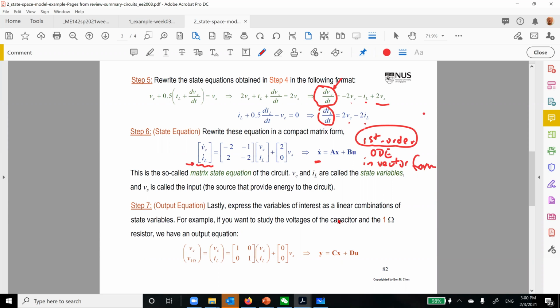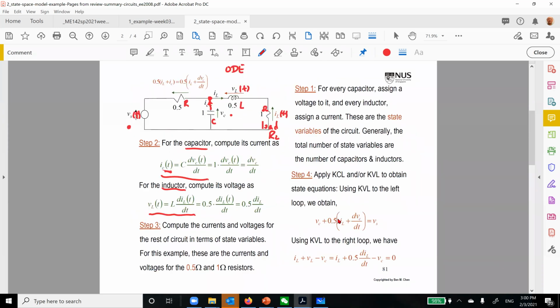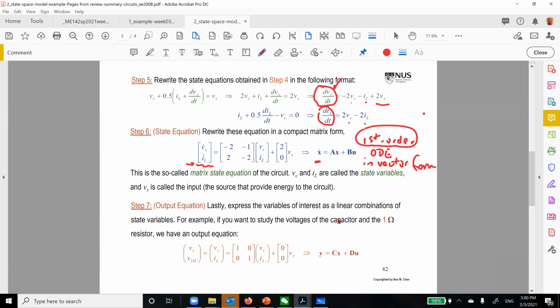But we haven't defined the output, what is out? Usually this is like you connect this one to a load. So then we decide IL is my out. I care about the current flowing on my resistor, this 1 ohm load, IL.